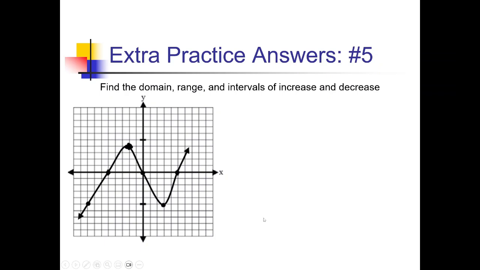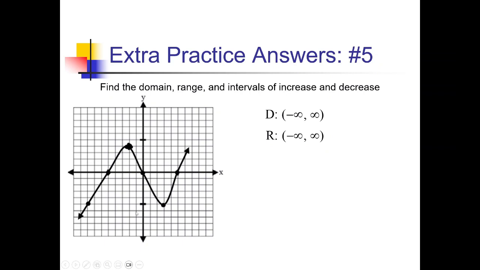On this next one, for domain, we're going left forever and right forever, so we're going -infinity, comma, +infinity, parentheses with both. And the range is actually going down forever if you follow this arrow, and up forever if you follow this arrow. So all the y values are covered, all real numbers. So again, -infinity, comma, infinity with parentheses.